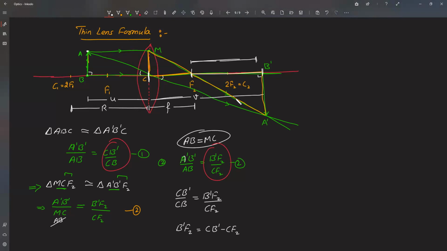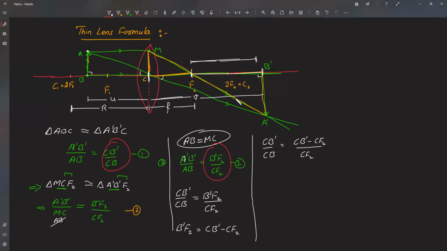So B dash F2 will be that. So now let's write that. This CB dash divided by CB can be written as CB dash minus CF2 divided by CF2, right?